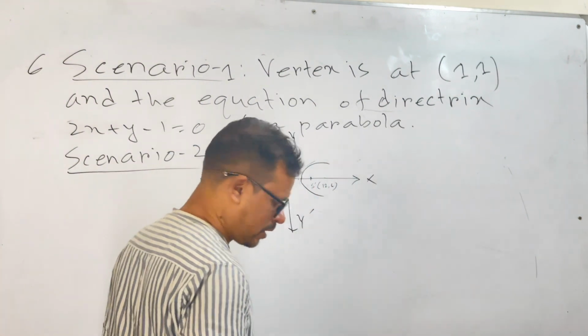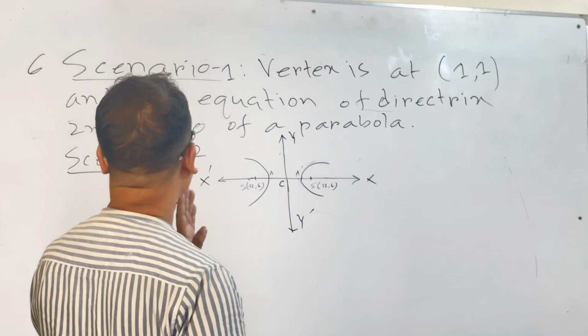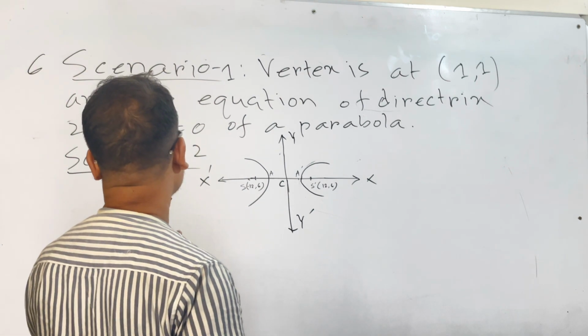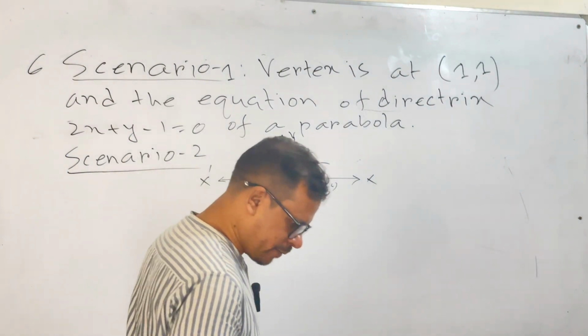Okay. This is scenario 2, and scenario 1 is vertex at (1, 1) and the equation of the directrix 2x plus y minus 1 equal to 0 of a parabola. Okay.